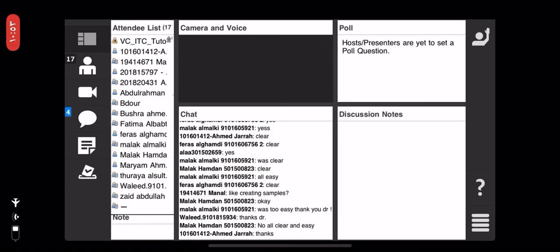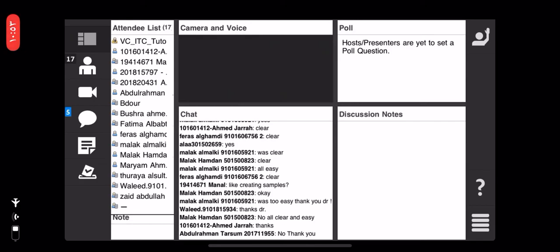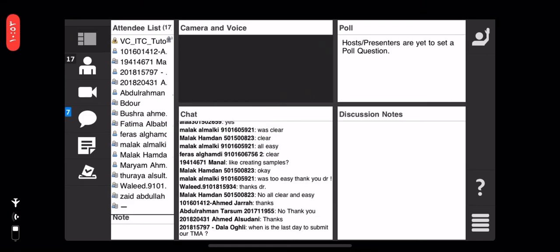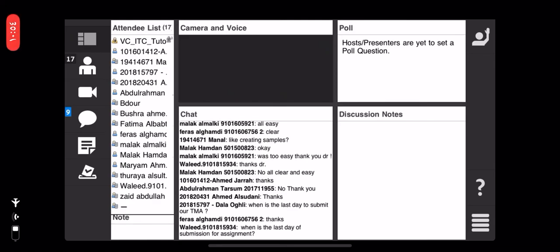I hope everyone is here. Ahmed Sudani, welcome. Rahman, welcome. Ahmed Jarrah, welcome. When is the last day to submit our TMA? I shared the dates earlier. If you're asking about TMA, Walid, I shared the dates earlier. Ask in the group.